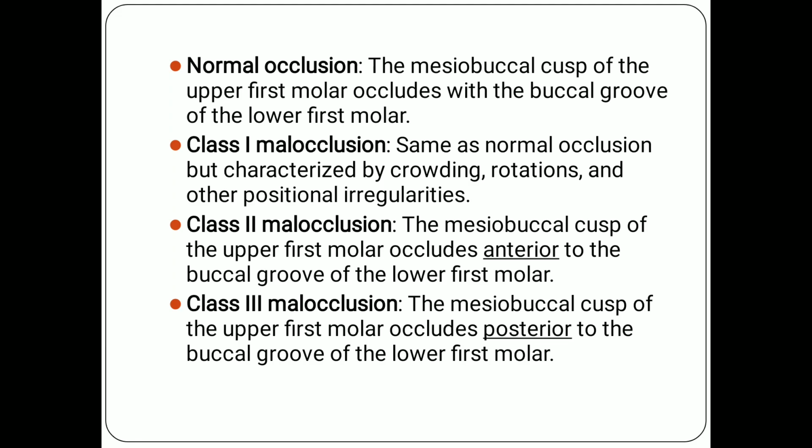What is class 2 malocclusion? The mesiobuccal cusp of the upper first molar occludes anterior to the buccal groove of the lower first molar. What is class 3 malocclusion? The mesiobuccal cusp of the upper first molar occludes posterior to the buccal groove of the lower first molar.